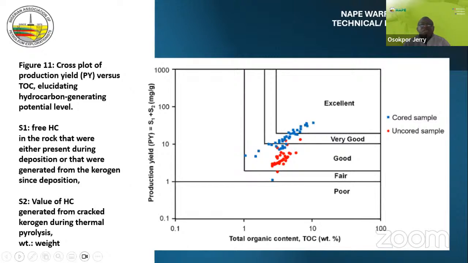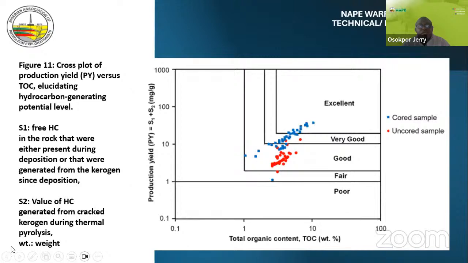So the Agbada is considered to be of paralic origin, while the Akata is of deep marine origin. But the results from this study have shown that the Agbada in this study location, if the upper part of this well is Agbada, or if in the lower part of the well there was a stratigraphic overturn, is actually immature at this location, while the Akata is mature and has been seen to have sourced hydrocarbon in this area.